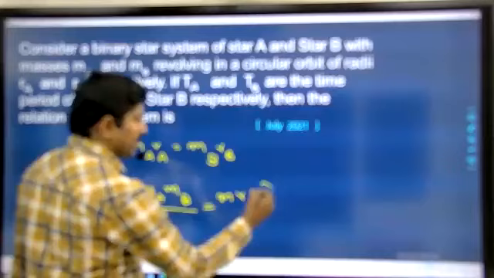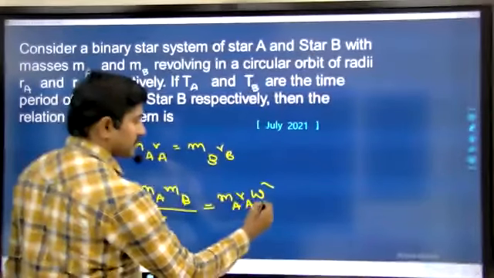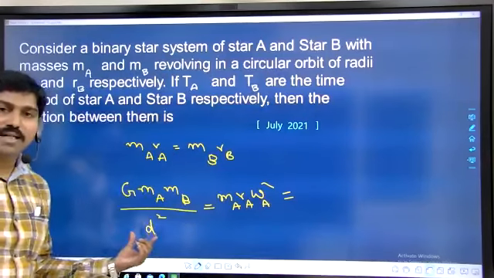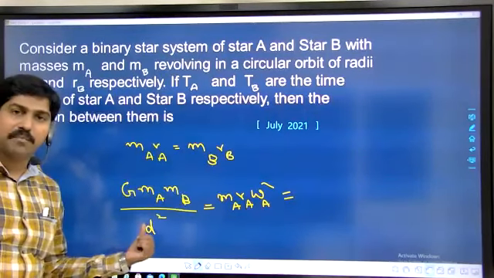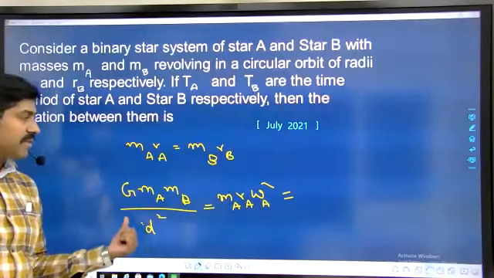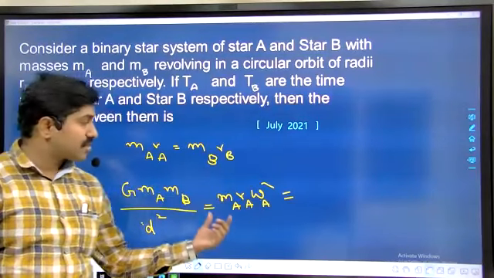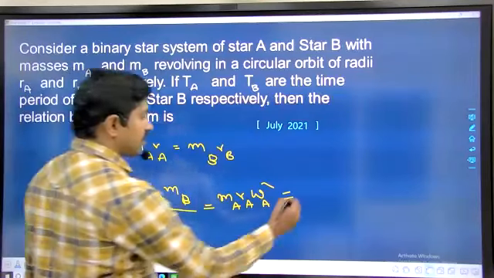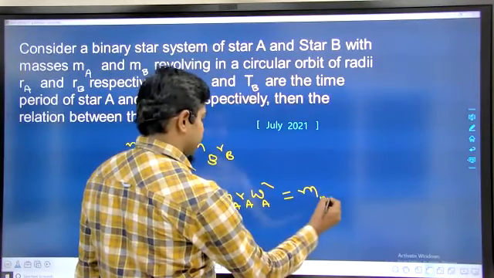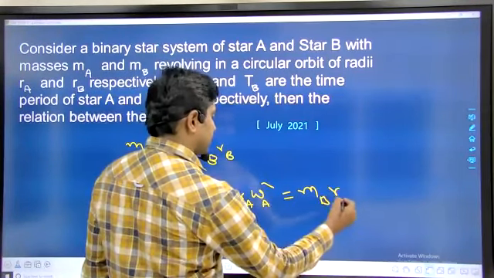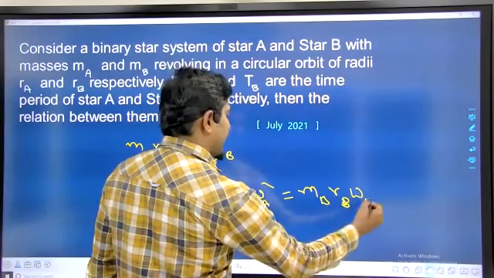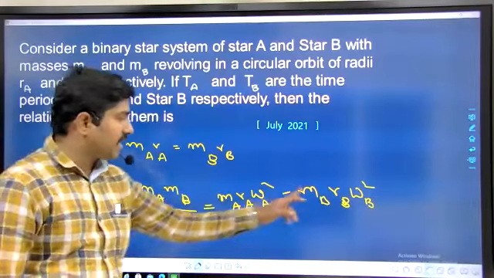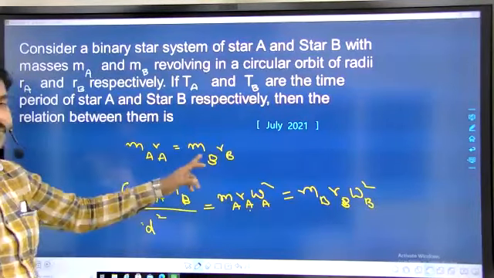That means m r omega square for A, which is the force acting on MA, and also the force acting on MB. So both are equal to the centripetal force. So MA RA omega A square equals MB RB omega B square.